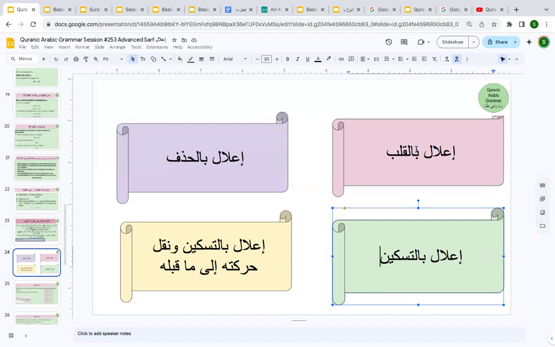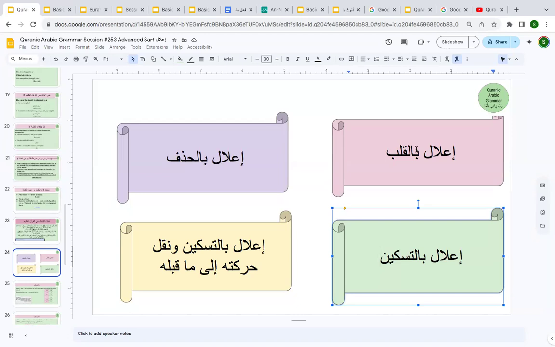Just like, for example, when I say lam yahdi, am I reading the last ya of hadaya? No, I'm not. I just stopped at dal. I omitted ya, and this is إعلال بالحذف.